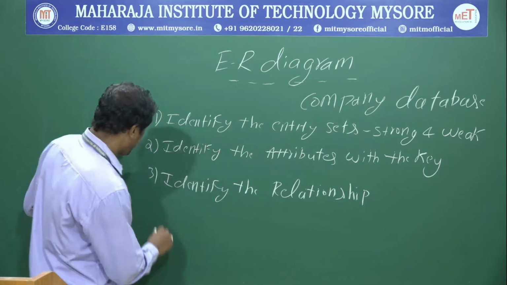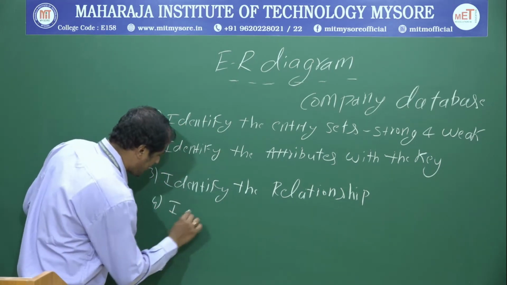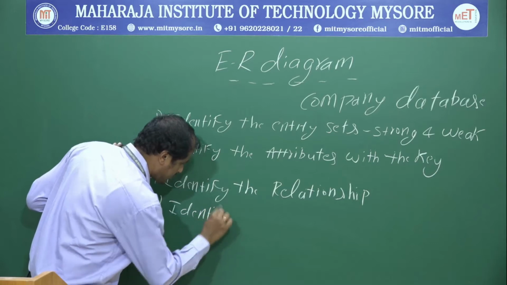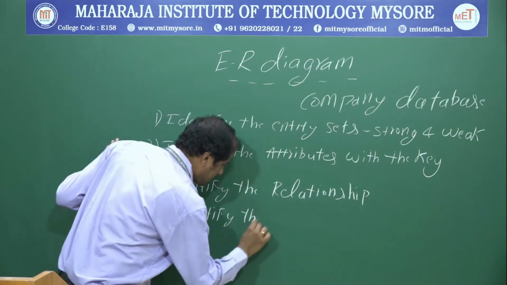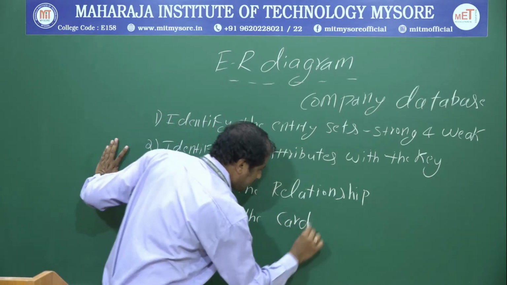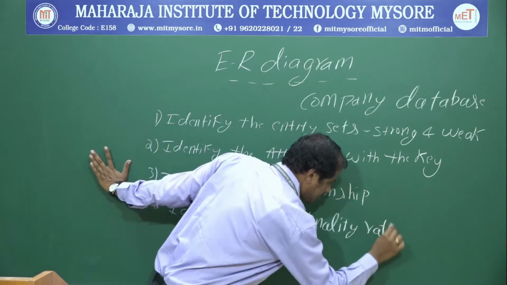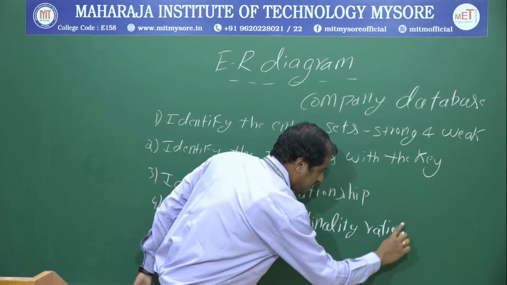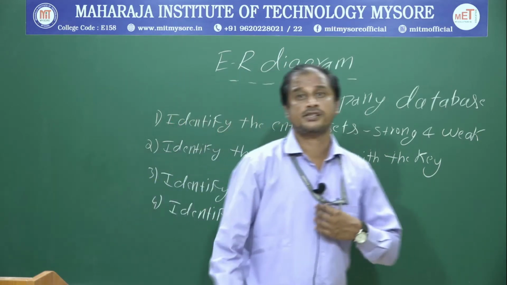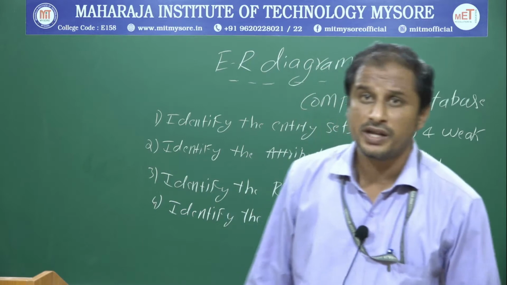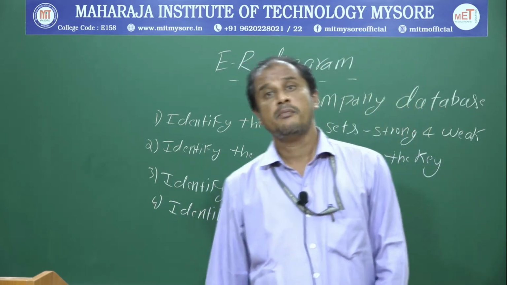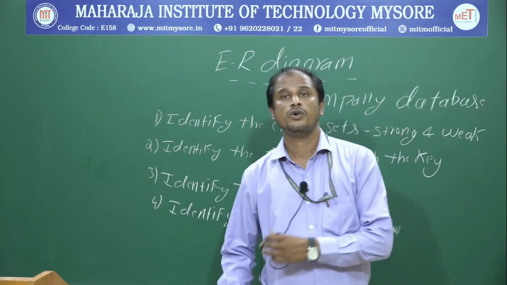Then you want to identify the cardinality ratio, that is 1:1, 1 to many, many to 1, and many to many.